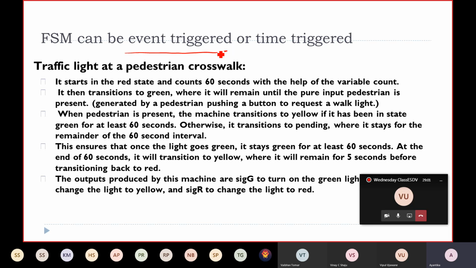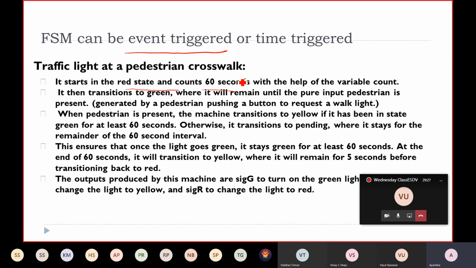For that, let's consider this example. This is one example of a traffic light controller design. Take just 1 minute and go through this specification, where we are considering that it starts in the red state and it will remain in the red state.